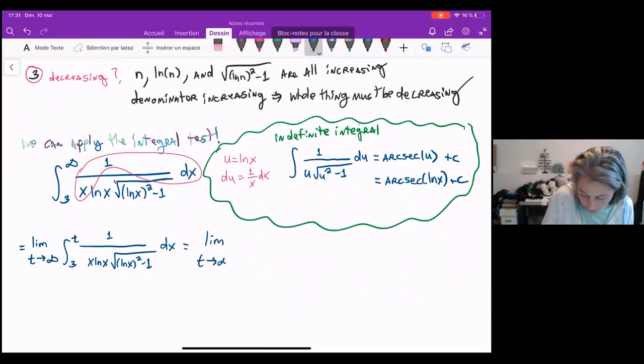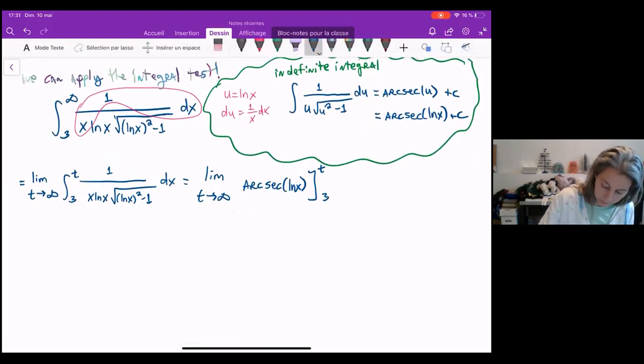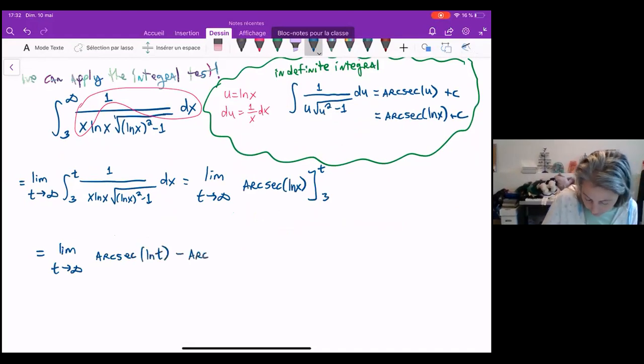So t goes to infinity of arcsecant of ln x that we're evaluating between 3 and t. So this gives me the limit as t approaches infinity of arcsecant of ln t minus arcsecant of ln 3.